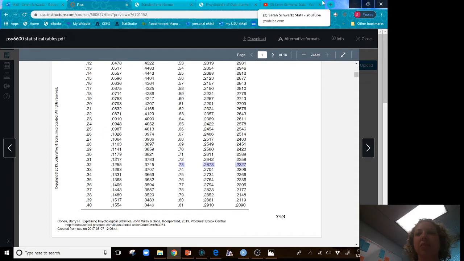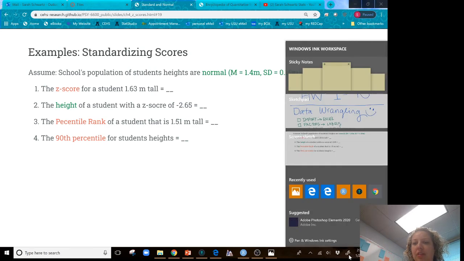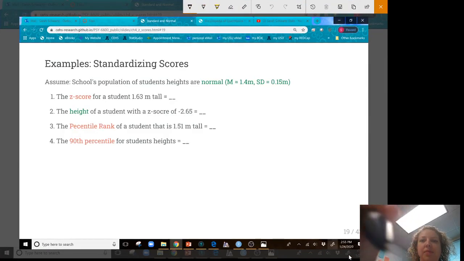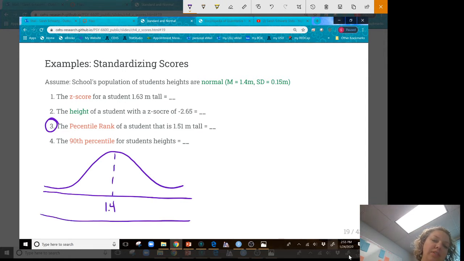Go back to our notes. So, number 3 is in terms of meters. Z is in terms of standard deviations.